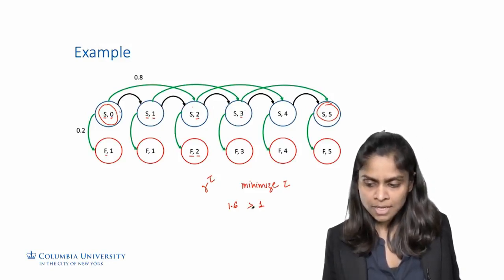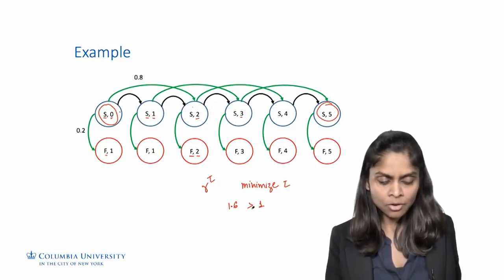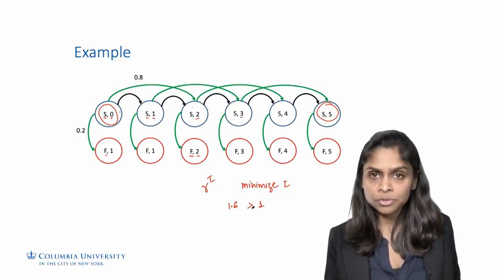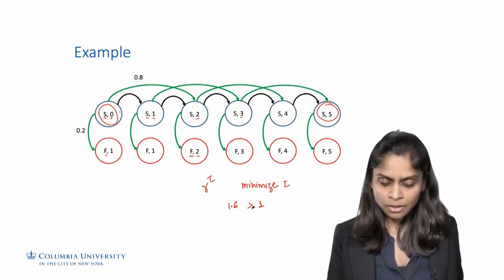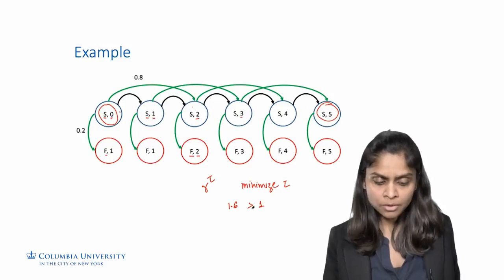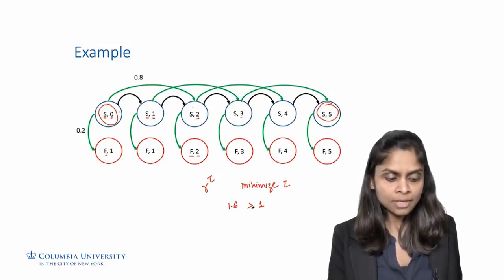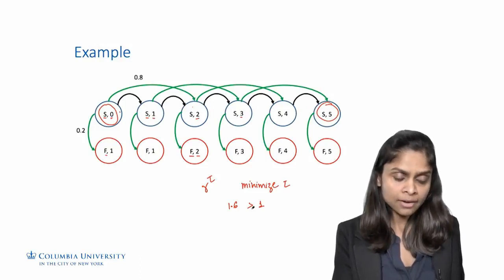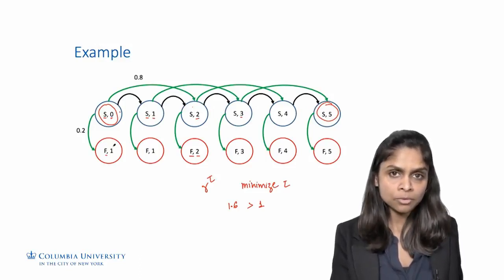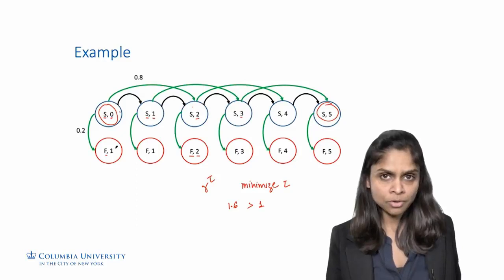However, this doesn't take into account the effect of this decision on the future. So if we were thinking about the discounted sum of rewards, we may have to consider the fact that running, or taking an aggressive action, may make the robot fall down, which will decrease the future rewards.